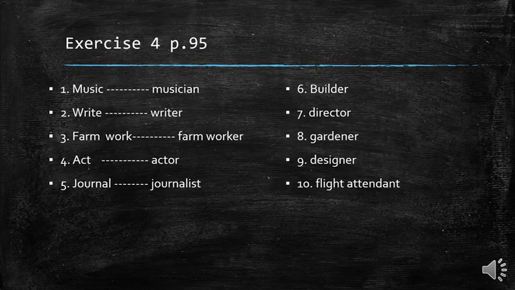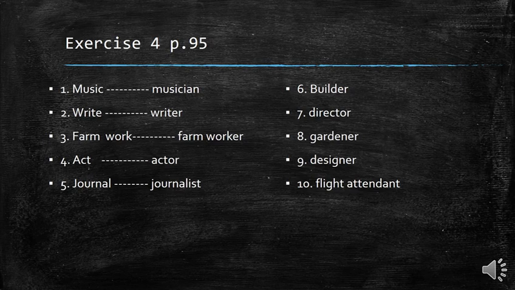Here are the answer keys for the exercise that you were solving a while ago. So you would start with the word music, it becomes musician. Write, a verb, becomes writer. Farm work becomes farm worker. Act, actor. Journal, journalist.